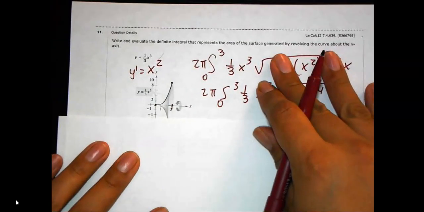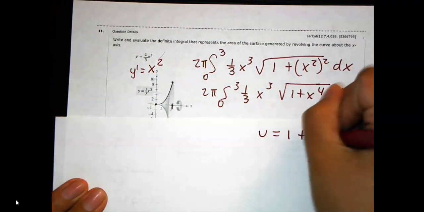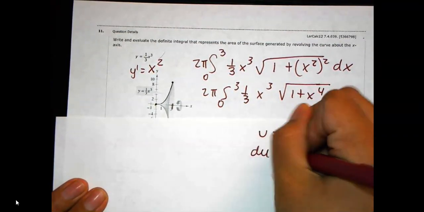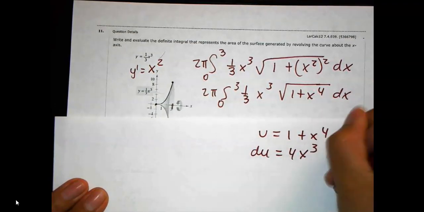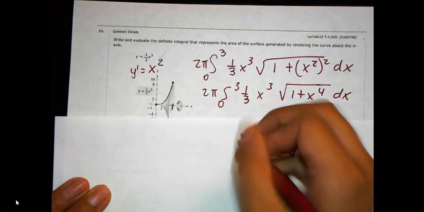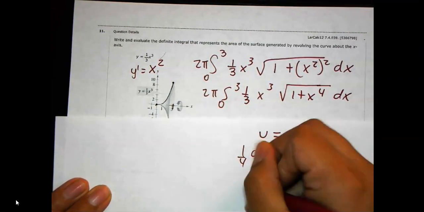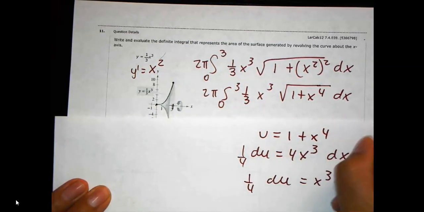So in this case, I will let u be my 1 plus x to the 4th, so du is 4x to the 3rd dx. We have the x to the 3rd and we have the 4th, so 1/4 du equals x cubed dx.